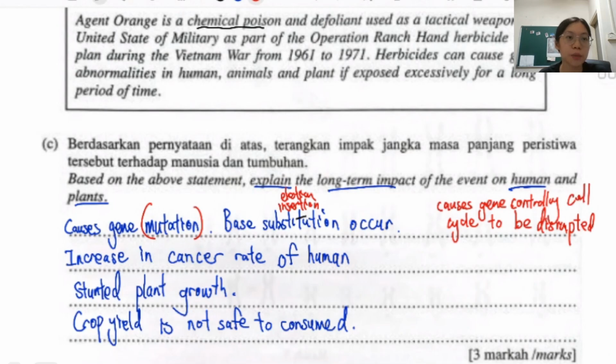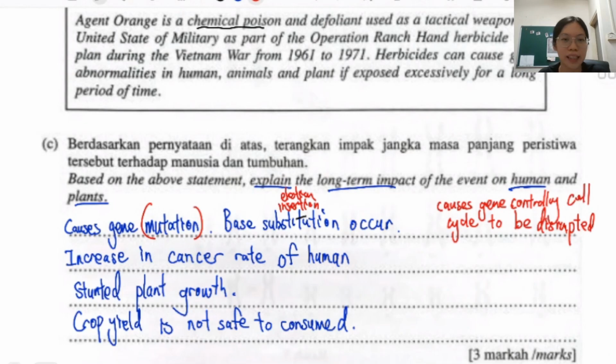Supposedly, cells divide when they have cell signaling, so they know when to divide and when to stop. But now, because the gene controlling the cell cycle is disrupted, they will divide non-stop, divide crazily. So when there is uncontrollable cell division, it will lead to formation of a tumor.